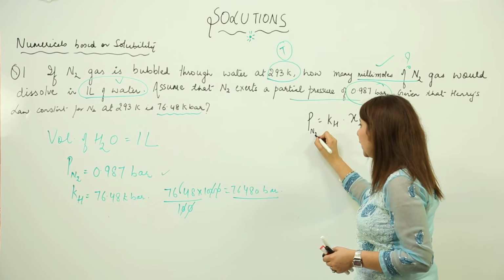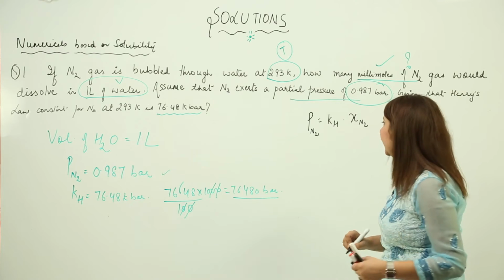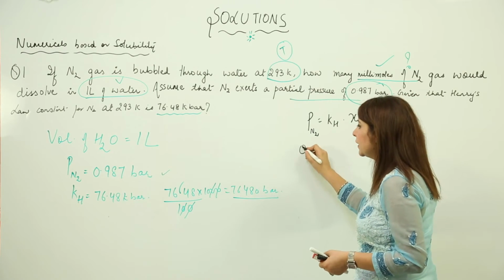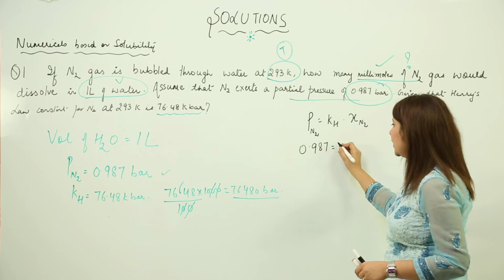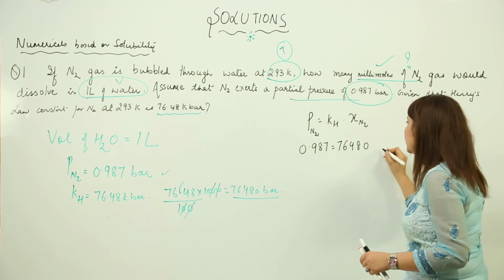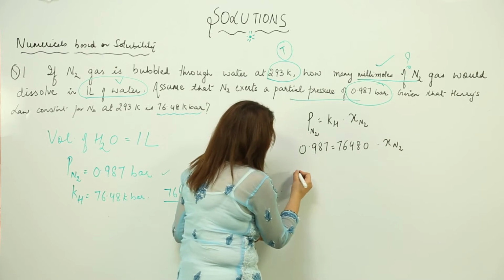So first I'll substitute the values into this relation. My PN2 is 0.987 bar, my KH is 76480 bar, and we need XN2.